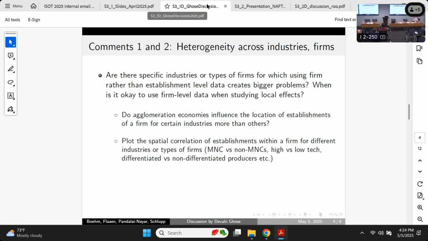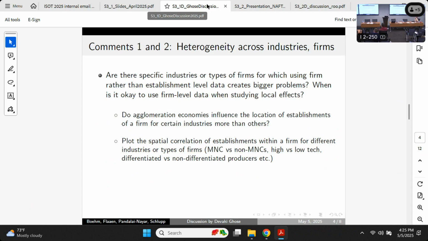So one of my first reactions was that we all love to know about local labor market effects, and everywhere we have access to customs data. So because they have been able to construct this establishment level data, will it be possible to tell the mass users of firm level customs data for which type of firms this kind of imputation is a big problem?